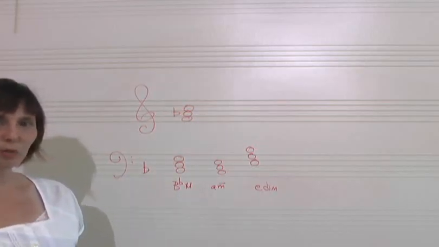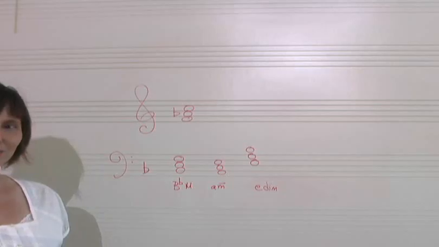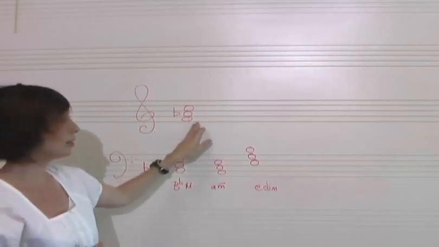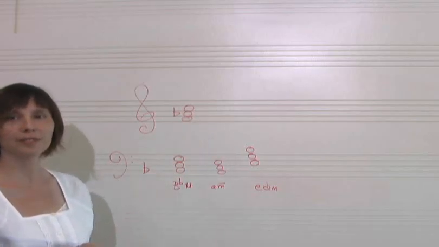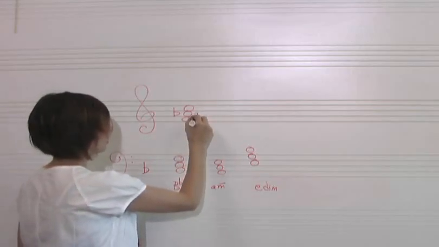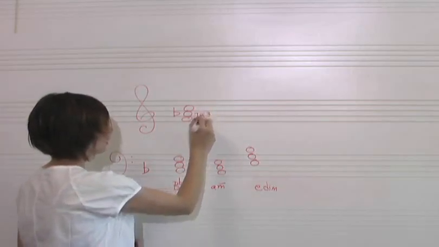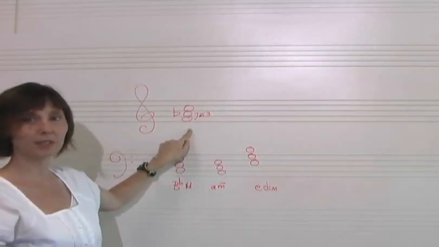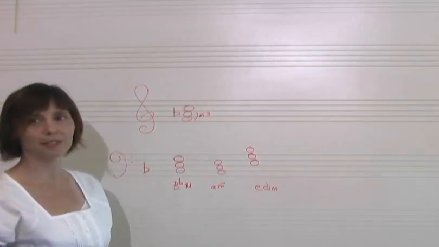Okay, so tell me what kind of triad that is. What kind of a third do we have from F to A? Flat. Minor. And what kind of a fifth do we have from F to C?